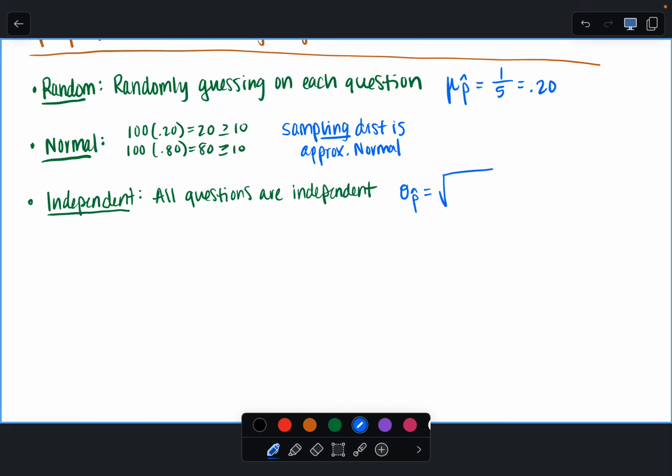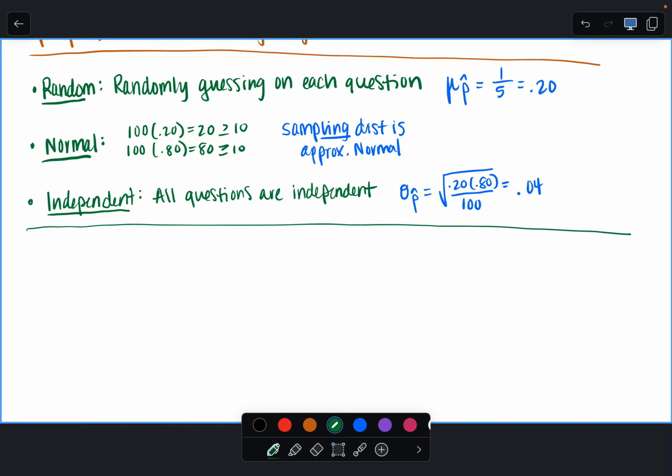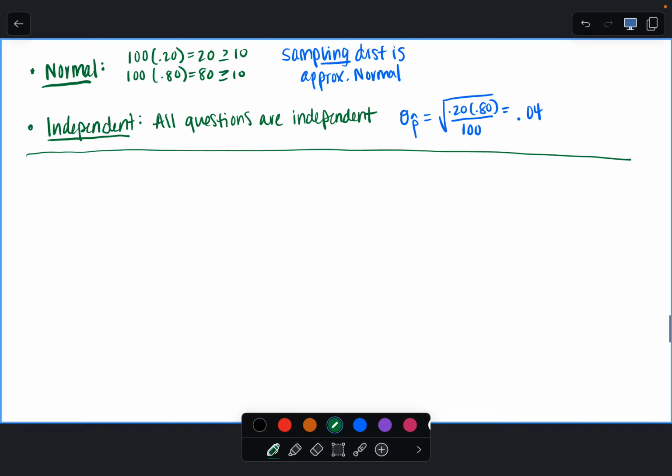So I'm going to take my p, my 1 minus p, all over n. And that is going to give me 0.04. So I have my mean, I have the fact that it's normal, I have my standard deviation. That is all done. Now, the last little bit is going in and actually calculating my z-scores.